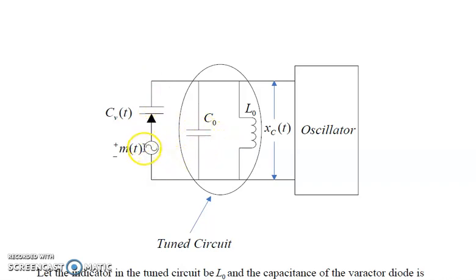So, as the message signal amplitude is sinusoidally varied, the output of this varactor diode will be of variable capacitance value, and when this is connected with this LC circuit, this tuned circuit, the total capacitance of this tuned circuit will be varied, and according to that variation, it will generate different frequencies which will be fed to the oscillator circuit, or that will be the output of the oscillator circuit.